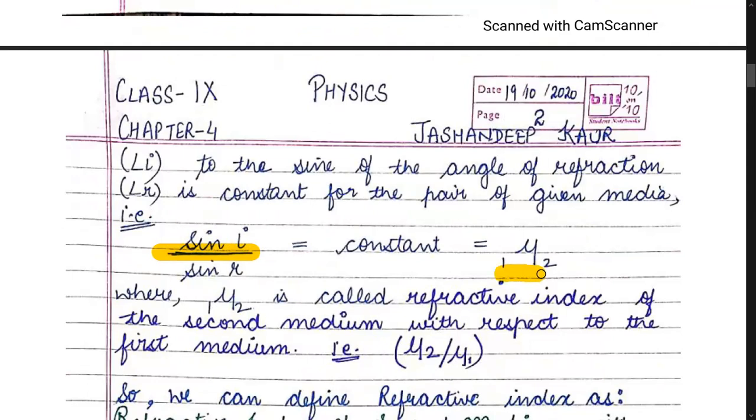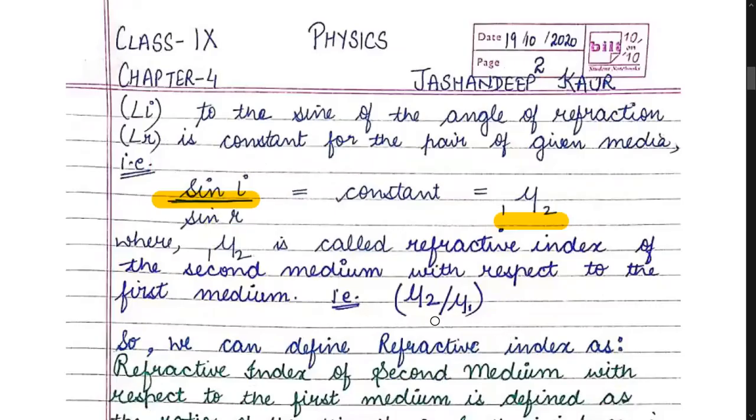It is written as 1 mu 2, and this is called the refractive index of the second medium with respect to the first medium. So that means mu 2 divided by mu 1.